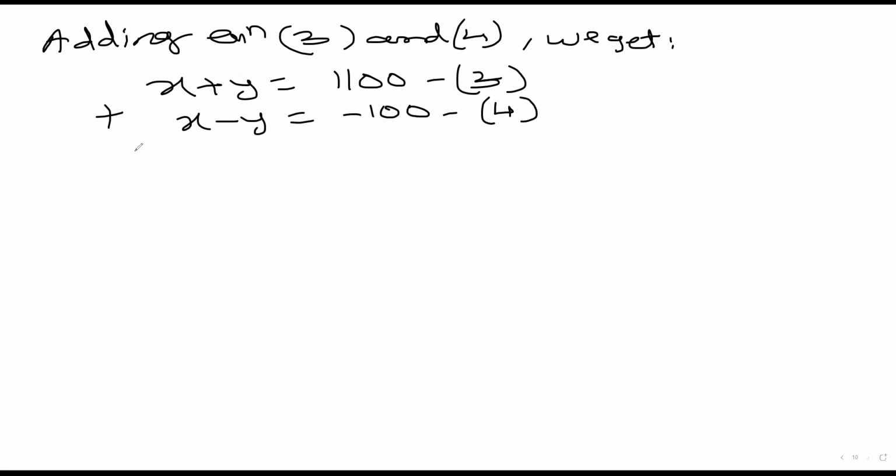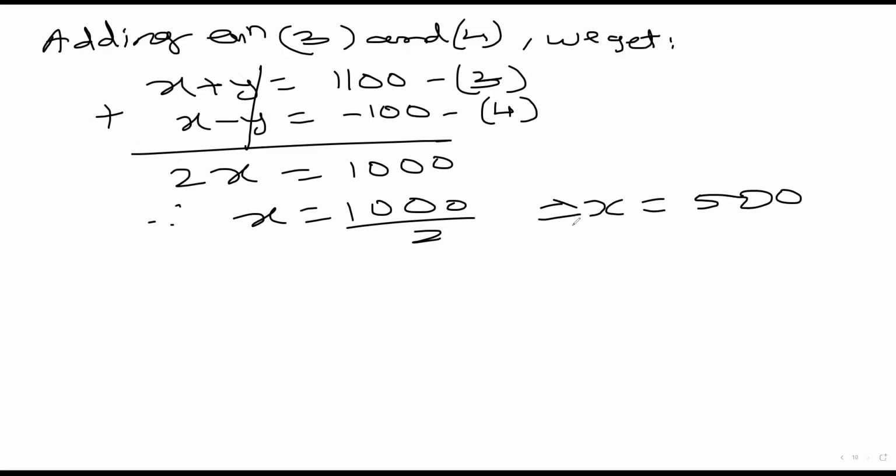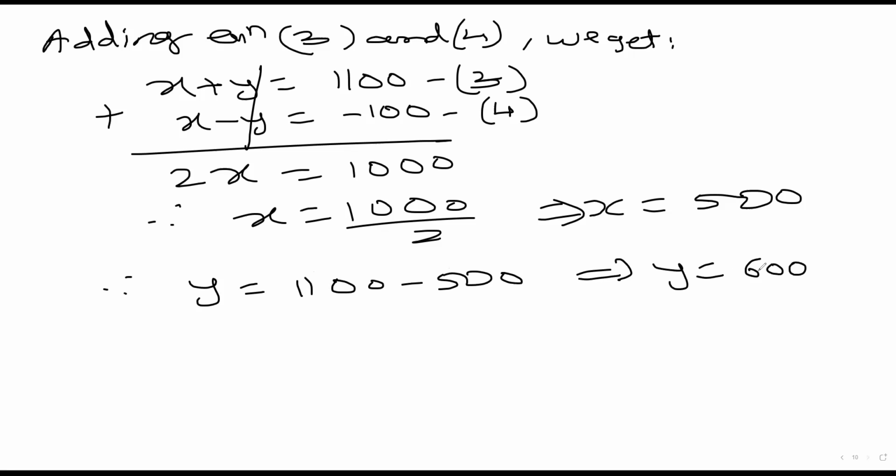So y will get cancelled. x plus x will be 2x is equal to 1000. So x will be 1000 divided by 2. That means x will be 500. Therefore, y will be 1100 minus 500. That means y is equal to 600.